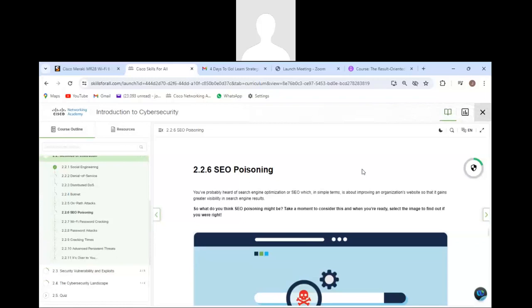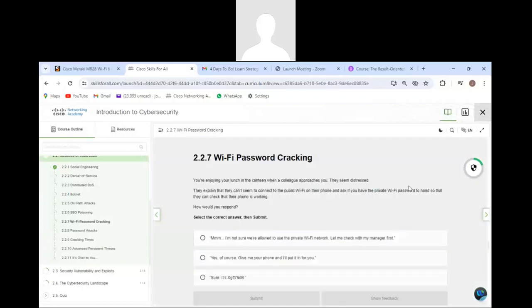That is why some organizations try to register as many names as possible online, so that it will be difficult for the SEO to be poisoned. That's an example of SEO poisoning.